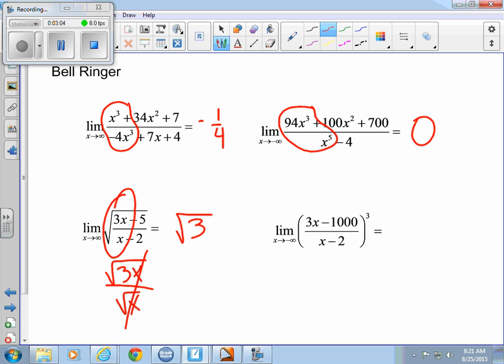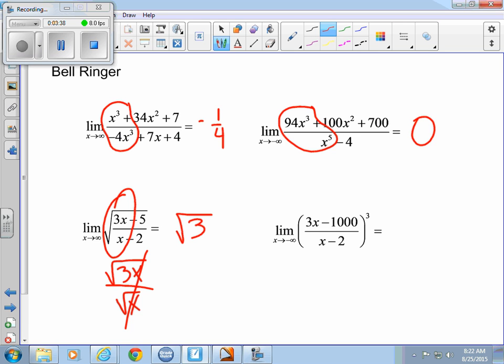The next one is also tricky, very similar to that one. What do you have in the problem? Cube. Theoretically, I could go through and cube the top, cube the bottom, then I wouldn't have to worry about it. I don't really want to do that, right? Because what's the only piece that matters? The highest power. But I do need to go through and cube for the highest power piece.